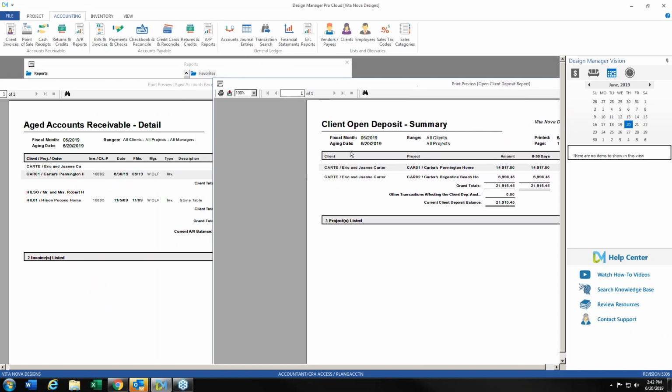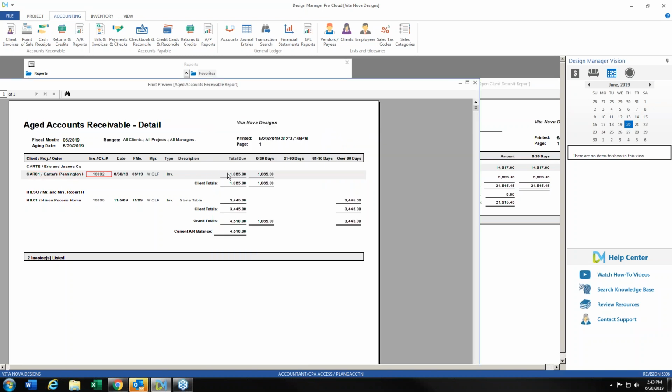I hope everyone can see this okay still with these two things. This can happen a lot if you're not constantly looking at these reports and comparing them together. So see how this client has a project and an order, CAR01, the invoice, and we owe $1,065 on that.